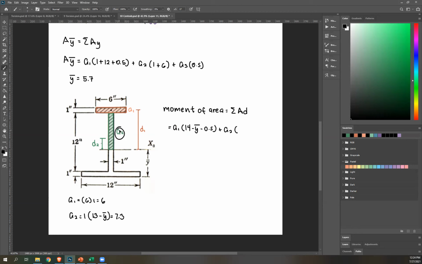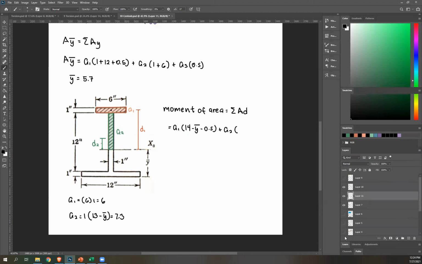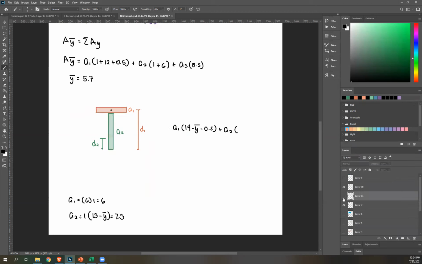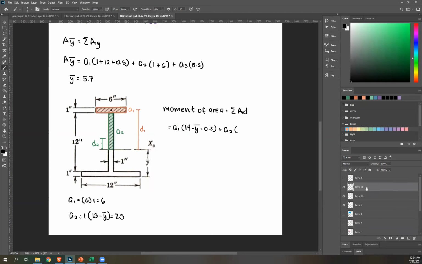The centroid of this area is somewhere here, so this is not correct. So this is your D2.